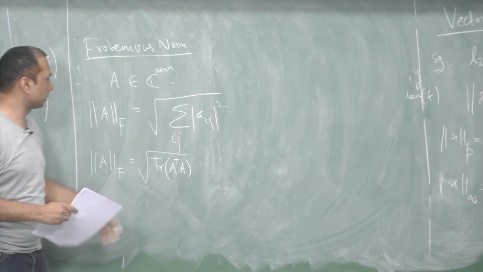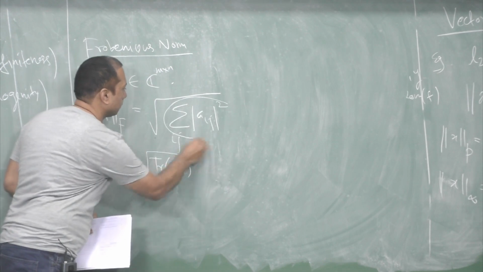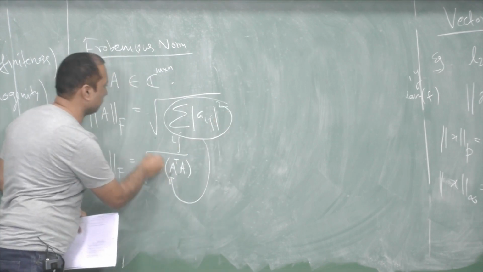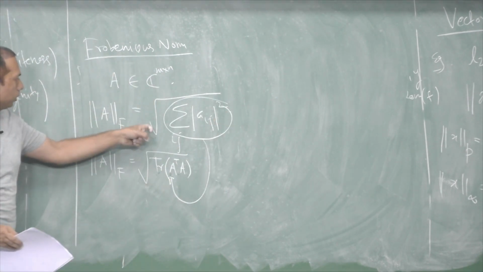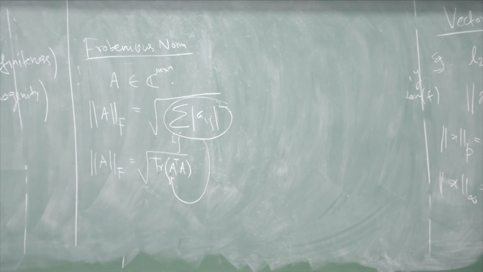So this quantity will exactly be the trace, and then you take the square root, like you did here. Okay, so that's a simple thing to check.